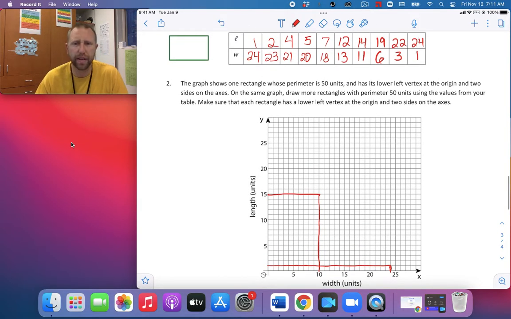Yeah, I'll scroll up so I can see both the table and the graph at the same time. So 2 and 23. So 2 and let's see, there's 20, 21, 22, 23. There we go. There's our next one. So a little bit thicker rectangle, right? But it made it not as wide.